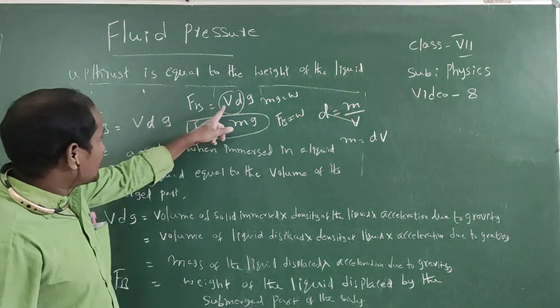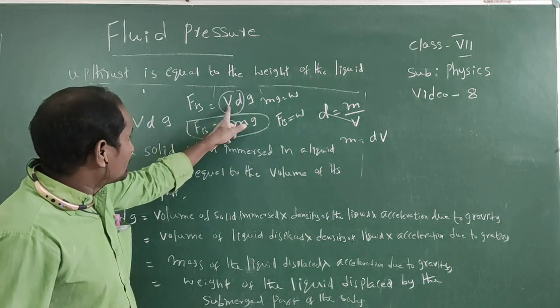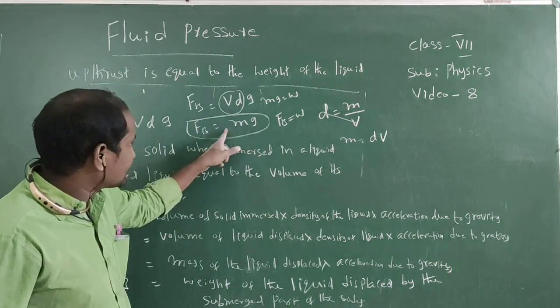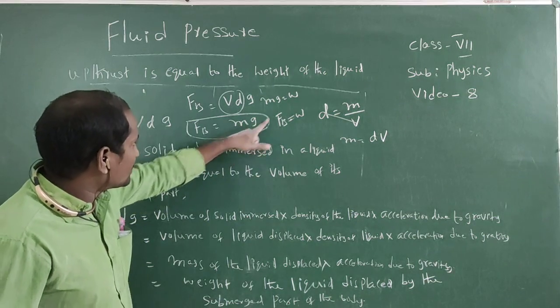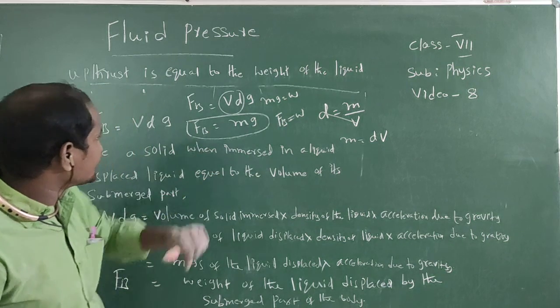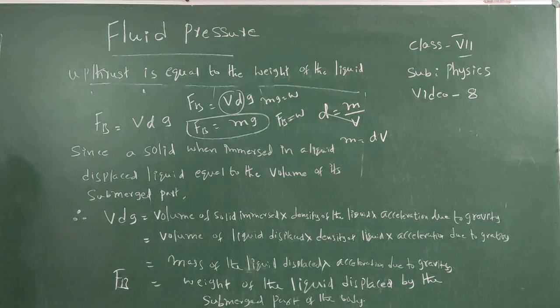So F equals V d g, where V d is the mass of the liquid, so the mass of the liquid into the acceleration due to gravity is the weight. So the buoyancy force, which is nothing but the upthrust, is equal to the weight of the liquid displaced. So FB equals the weight of the liquid displaced. Hence it is proved.